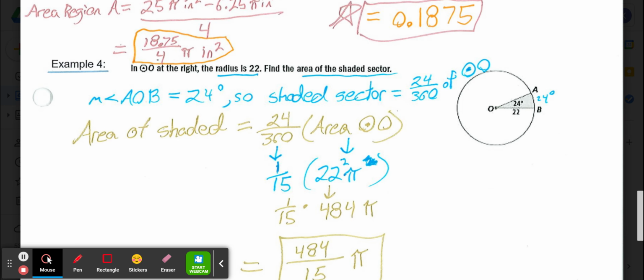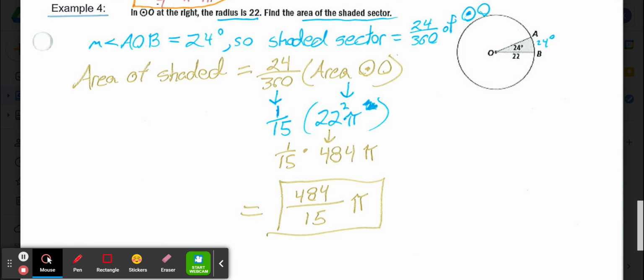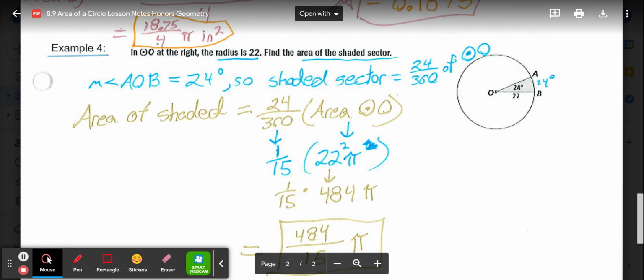So we can look at one more example of that area related to probability. Example 4 tells us circle O at the right has a radius of 22 units. They want us to find the area of this shaded sector, and they gave us the measure of angle AOB to be 24 degrees. So I know this arc AB is also 24 degrees.